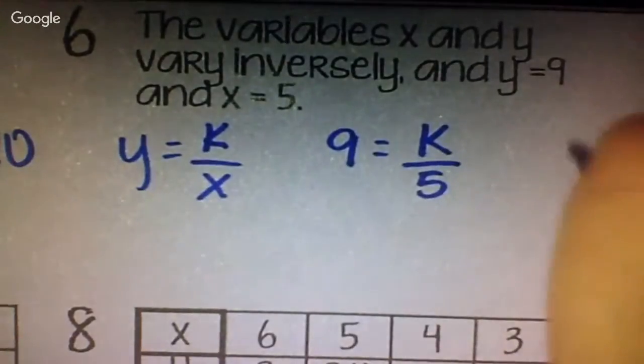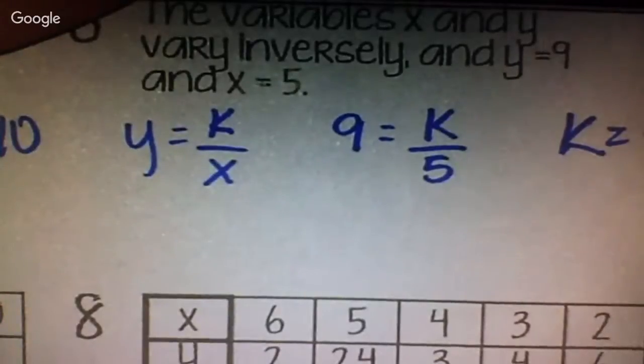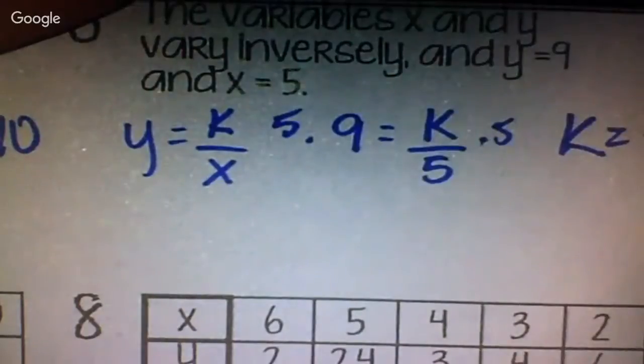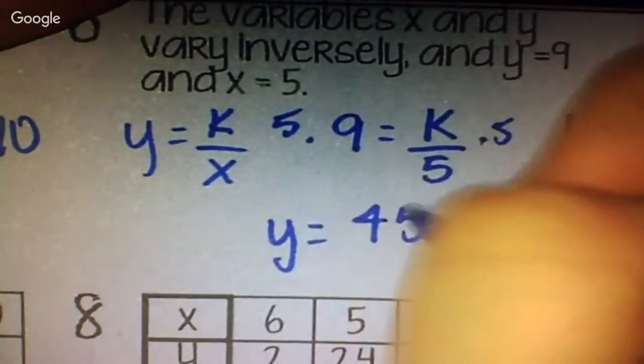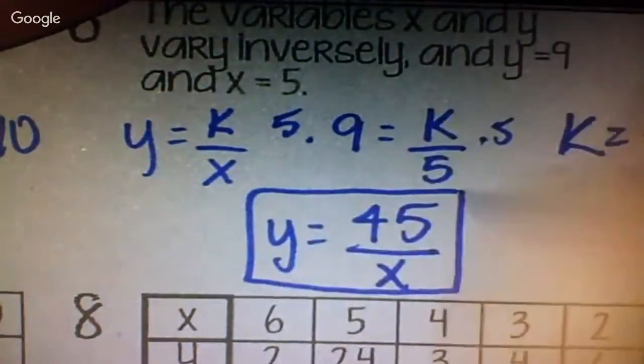Multiply by 5, which gives me my k value of? Beautiful. So I multiplied by 5 on both sides. So then my equation is y equals 45 divided by x.